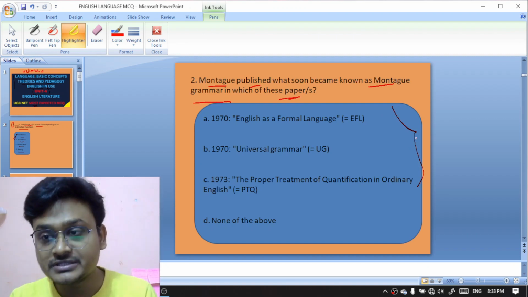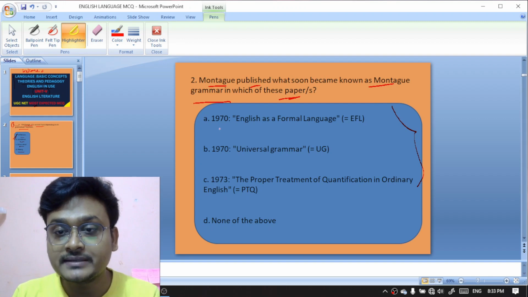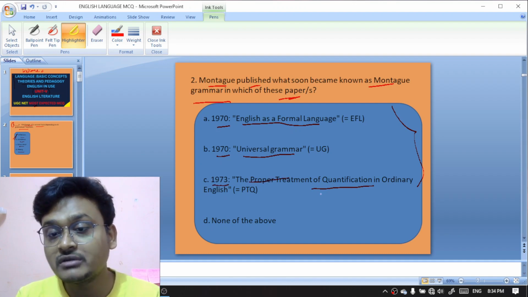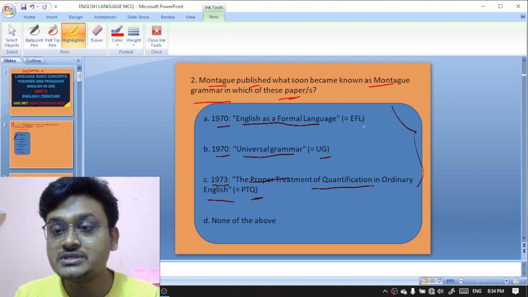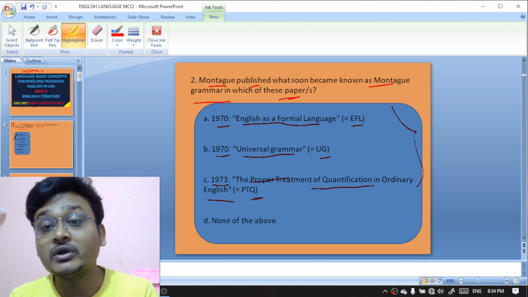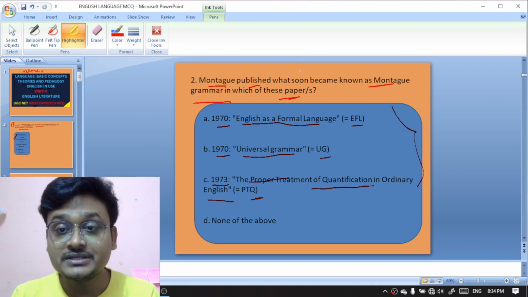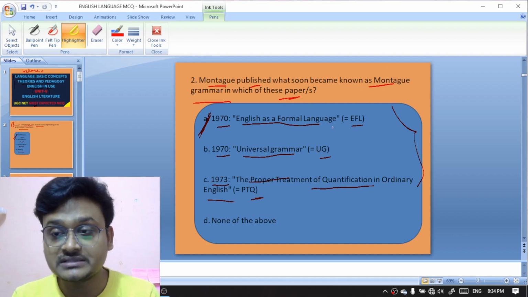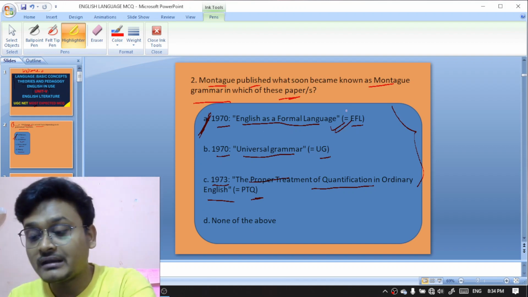He had delivered these three papers: in the 1970s, English as a Formal Language; Universal Grammar; or in 1973, The Proper Treatment of Quantification in Ordinary English, that is EFL, UG and PTQ. So in the 1970s, English as a Formal Language became known as Montague grammar. So here the right answer is EFL, that is English as a Formal Language.